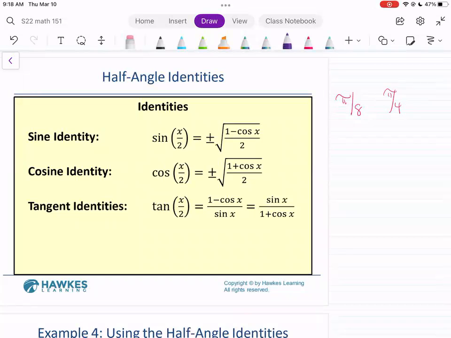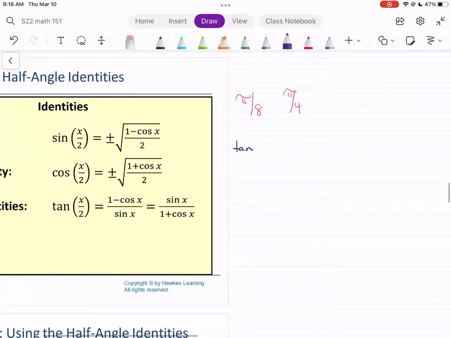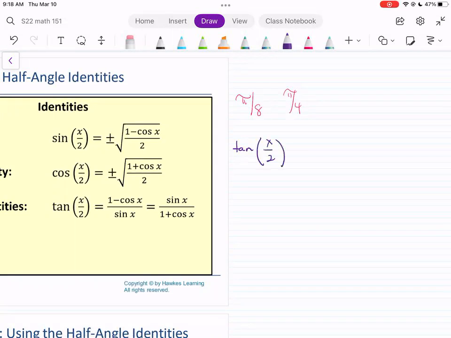Let's prove that the tangent of x over 2 is equal to 1 minus the cosine of x over sine of x.